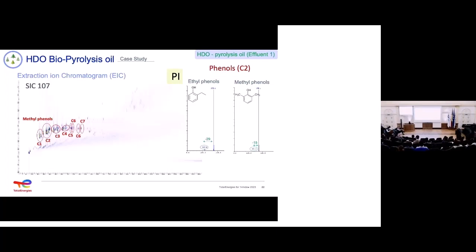So if we go for the first spectrum, we can see that we have the loss of 29. So maybe we have here ethyl phenol, and in the second spectrum, we have the loss of 15. So here we are talking about dimethyl phenol.